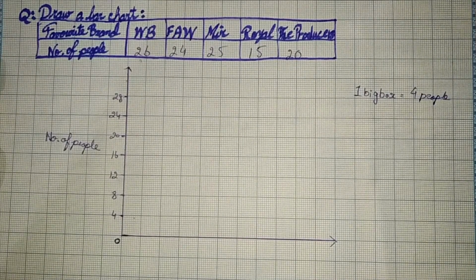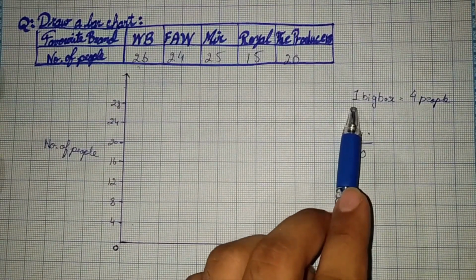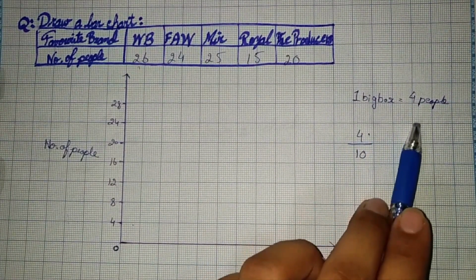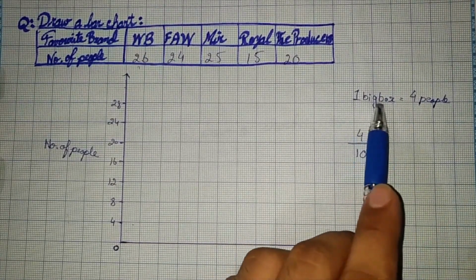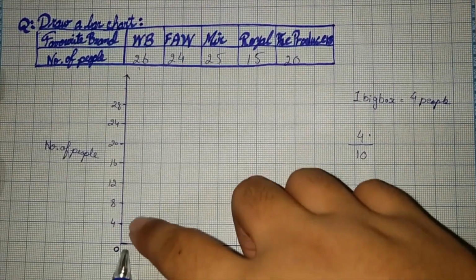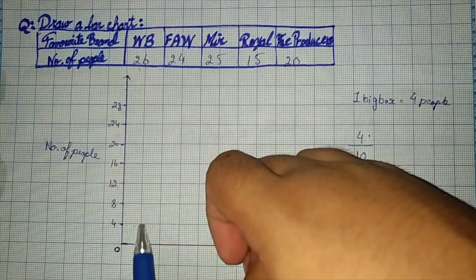So let's see. Here you can see that one big box is representing 4 people. It means that 10 small boxes are representing 4 people. Here we have a big box, which means we have 10 small boxes in it.